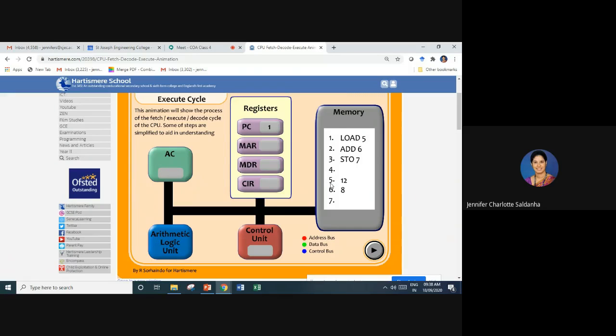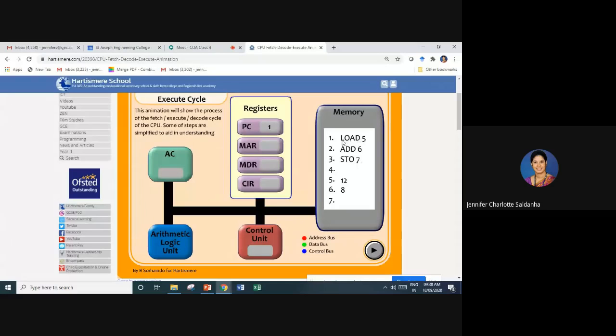At the location with address 5, we have an operand, 12. And at address 6, you have one more operand, 8. At address 7, you don't have anything. All these are addresses of corresponding locations, and this is the data, meaning the contents, present in each location.